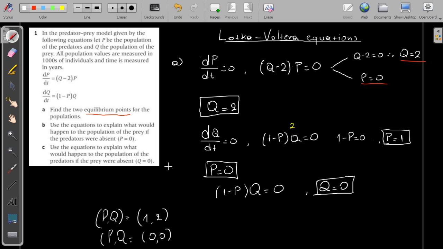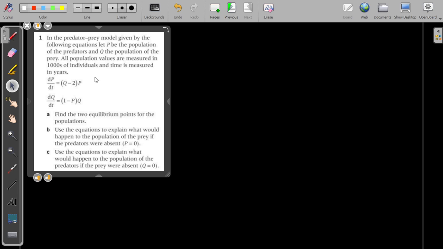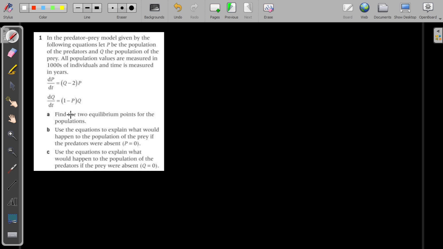Now let me go to the second question. Use the equations to explain what would happen to the population of the prey if the predators were absent, meaning P is equal to 0.